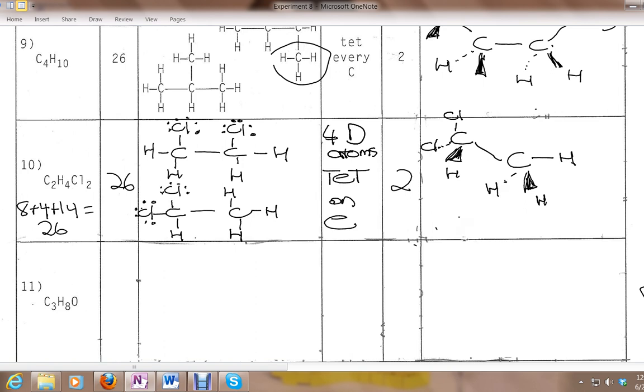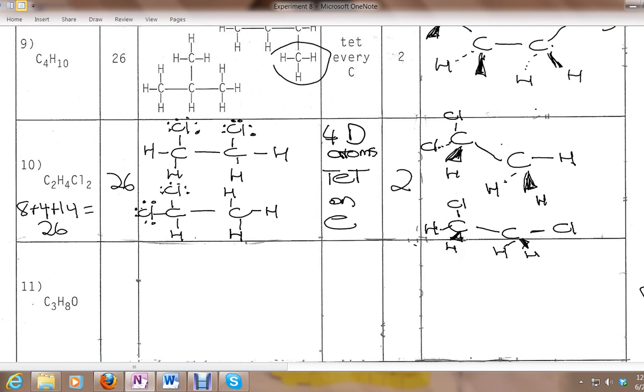What would be the difference with the other isomer? Well, you would have the chlorine here on the other carbon, but here you're going to have the other chlorine. Do you see the difference? So this is the hydrogen, hydrogen, and here instead of the chlorine would be another hydrogen, and this would be the hydrogen. So those are the two isomers.